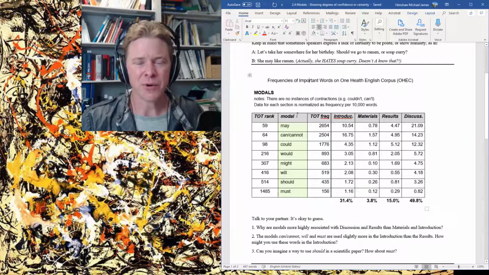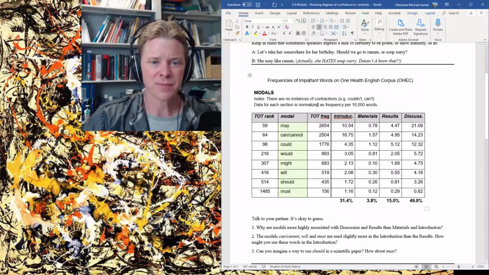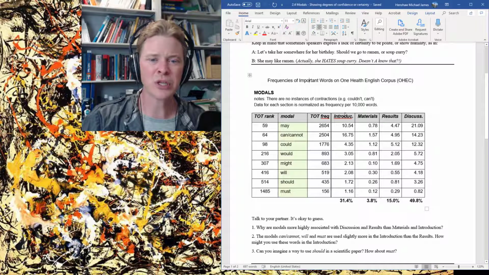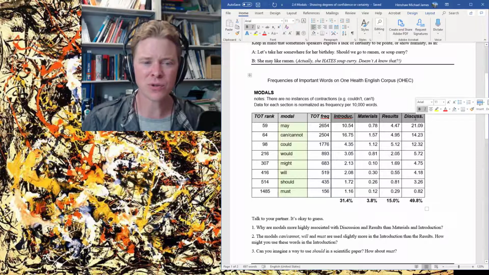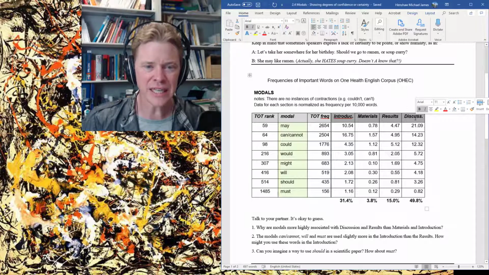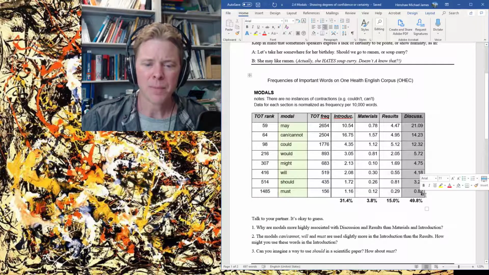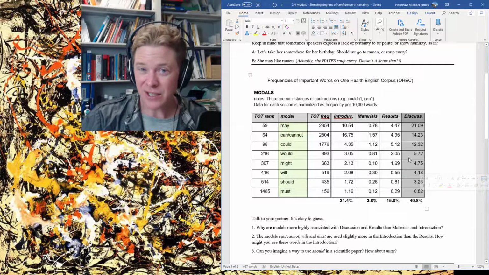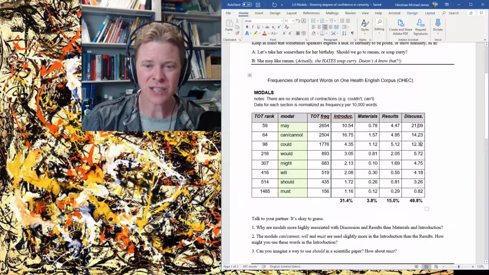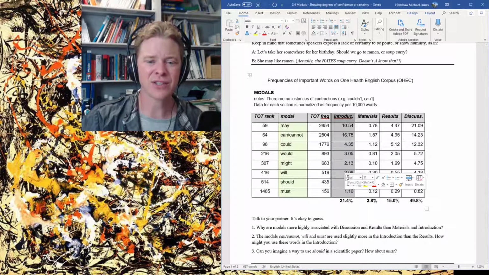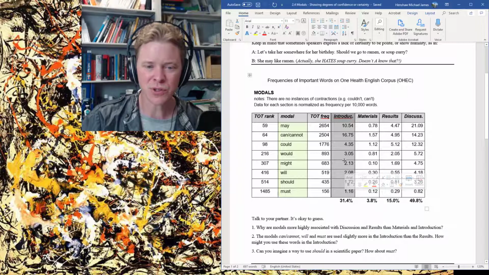Looking at some more data from the One Health English corpus, I want to show you which section of the journals each word is used in. So, it may not be surprising, based on what I've said earlier, that the discussion and the introduction have the highest frequency of use of these words.